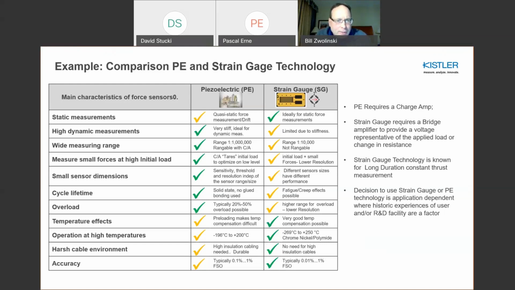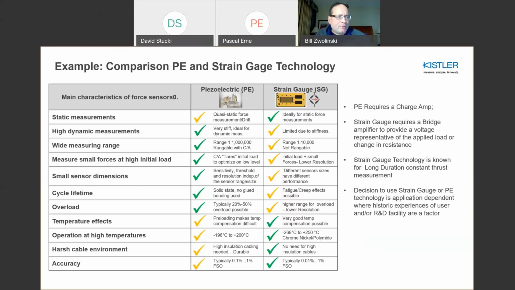Piezoelectric, like I said before, is very stiff. It's rangeable, and you can tare the system with regard to any initial loads, so you can really optimize on the dynamic side. This is absolutely important with all the applications I've talked about up to this point. Although the force platform has a load on it, the actual measuring range is based upon the dynamic portion, not the static portion.